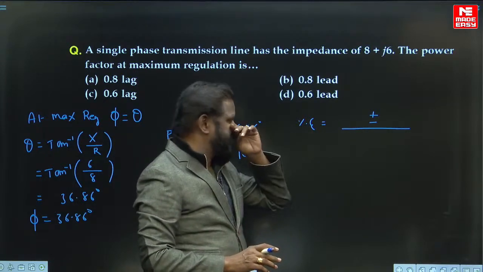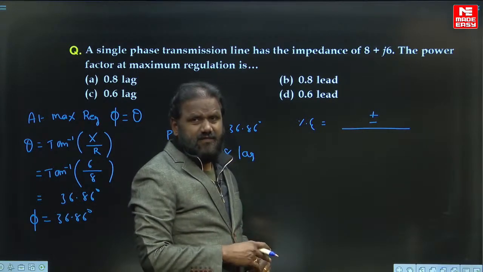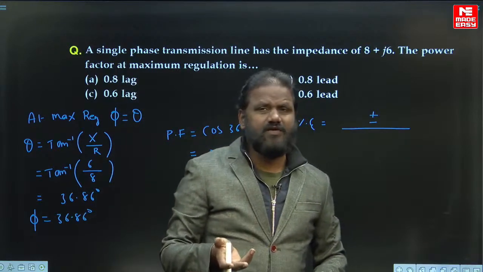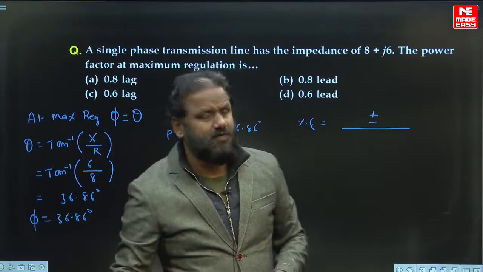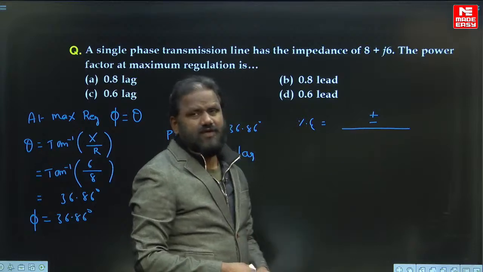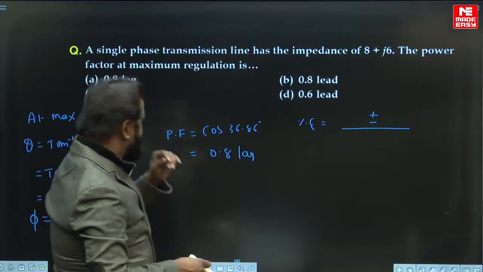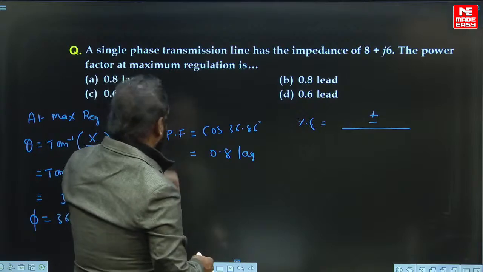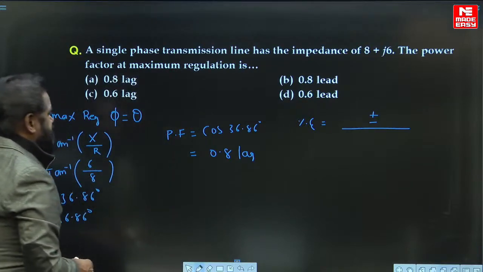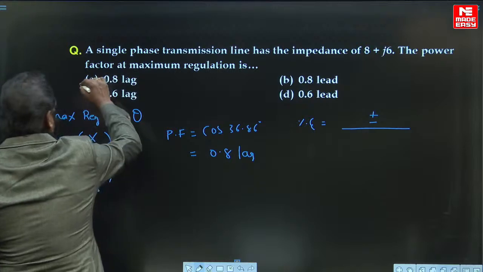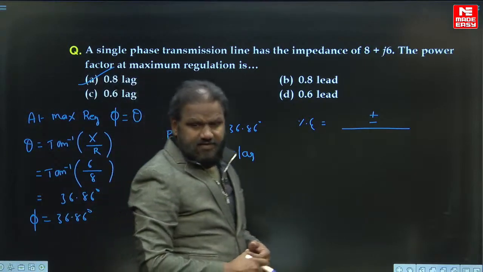So a minus has been taken, and minus means the leading power factor. For the regulation to be maximum, the drop has to be maximum, and that is possible with the plus sign only. With the plus sign it is lagging. So by default, at maximum regulation it is lagging. Therefore 0.8 lag is the right answer. A is the right answer.